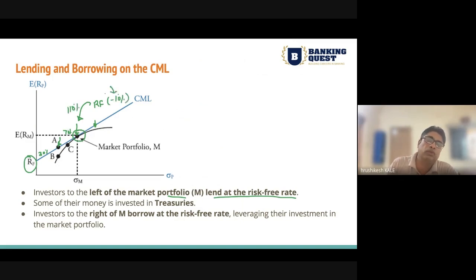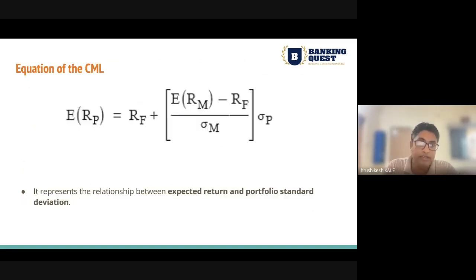You have taken a loan of 10% at the risk-free rate. So to the right of this M, this is a pointer: on the right of M, you borrow at the risk-free rate, leveraging the investment. Again, this is an assumption. You cannot borrow at the risk-free rate. Nobody will give you unless it's family.